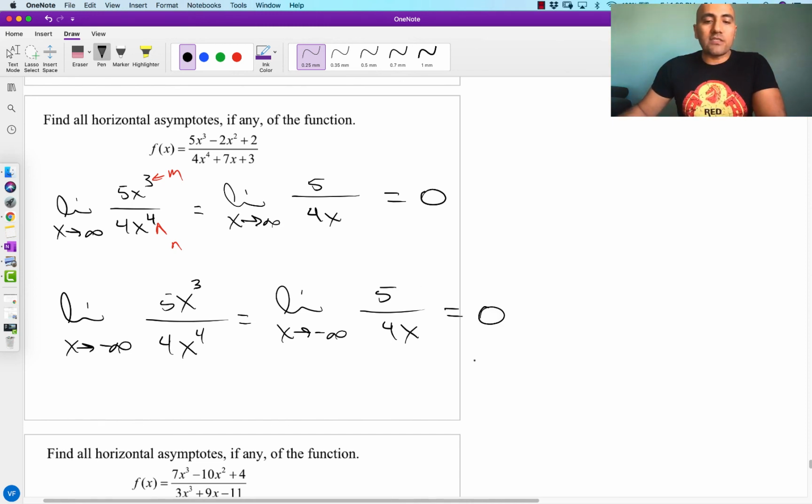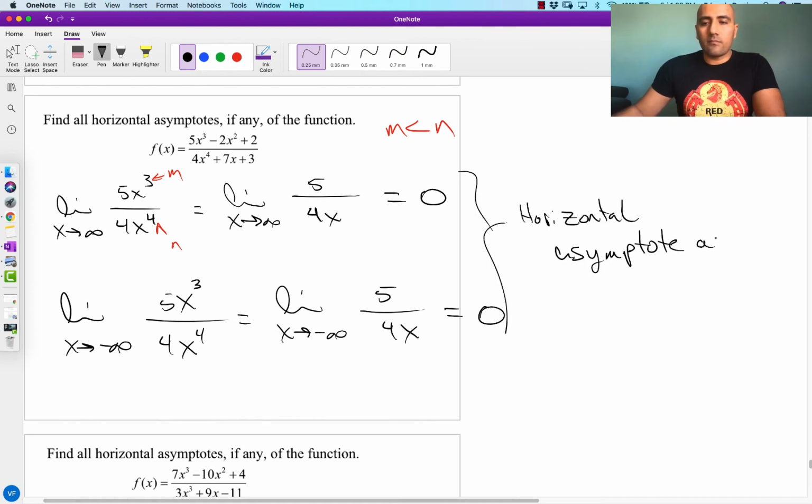So it's still approaching 0, it's just approaching it from the other direction. Again, this is a case where the m was smaller than the n, and so we have a horizontal asymptote at y equals 0, or the x-axis.